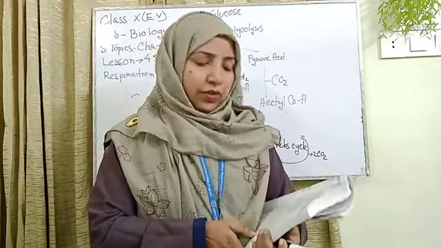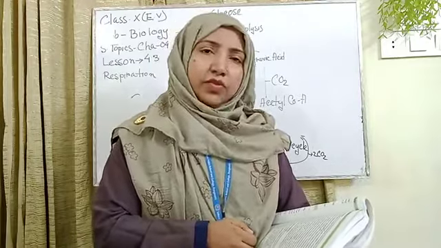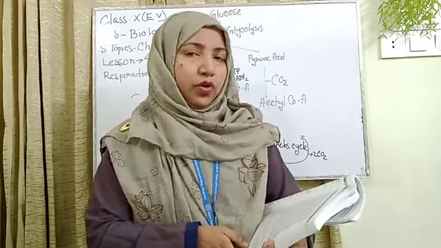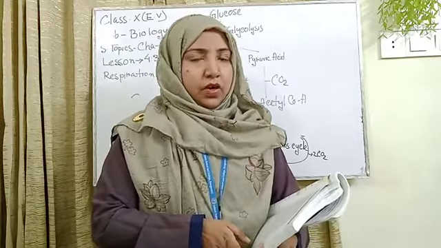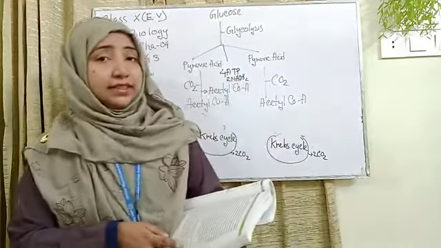Energy is required to maintain the processes of life of organisms, for activities like locomotion, healing of injury, growth and reproduction. We have already known that the main source of energy is the sun.